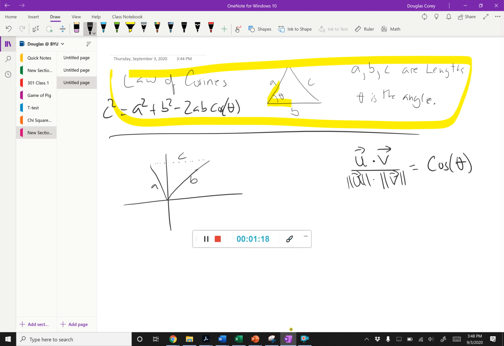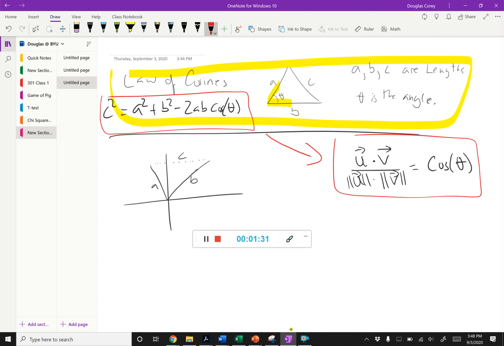So to go from this to here, we're going to put this triangle on a grid and then write down those lengths and these points as vectors in standard position.